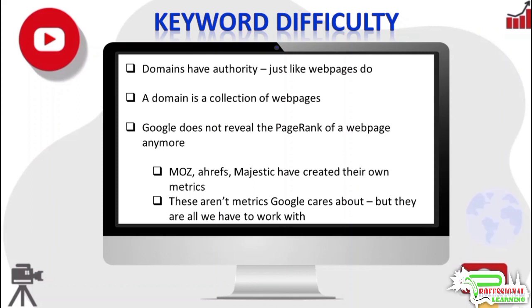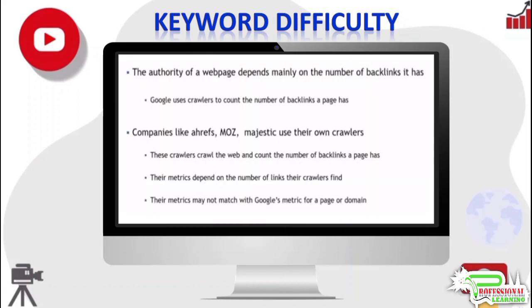The authority of a web page depends primarily on the number of other web pages that link to it. So these companies have crawlers that go out into the World Wide Web and try to find out all of the web pages that link to and are linked from any particular web page. The metrics they report depends primarily on the number of links their crawlers are able to find.